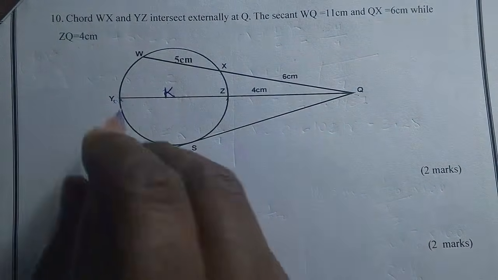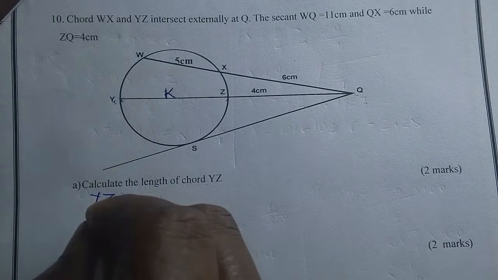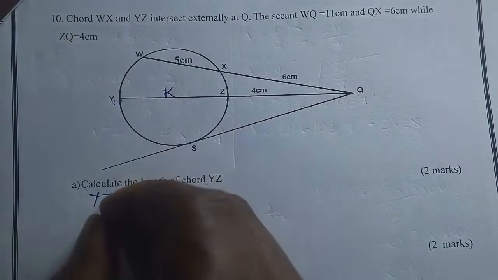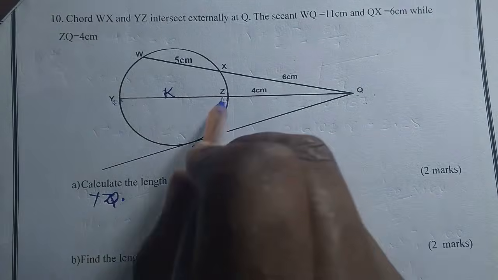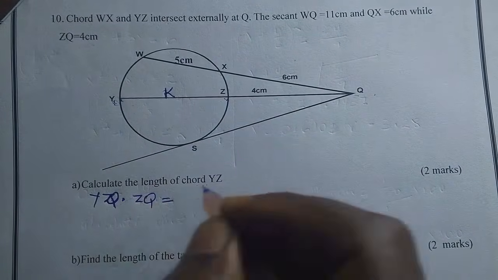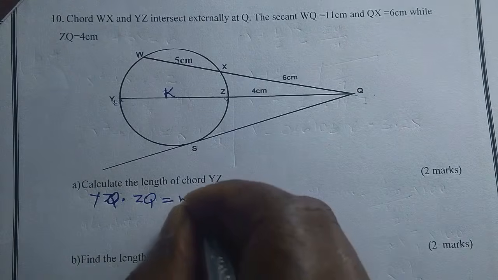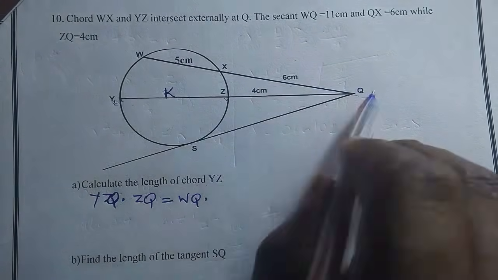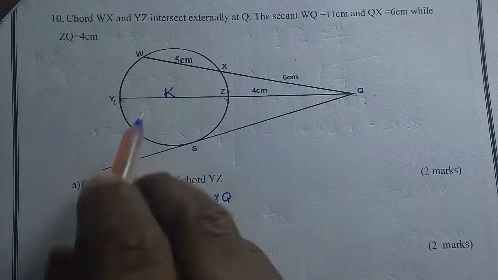So YQ multiplied with ZQ will be equal to WQ multiplied with XQ. Now get the distance from here up to here.